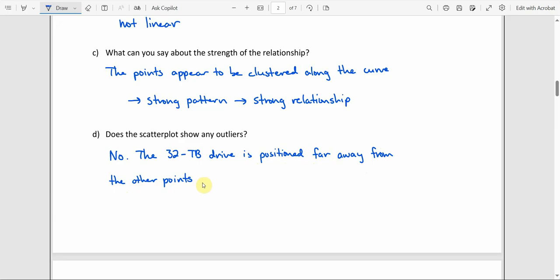But it still fits into the overall pattern.